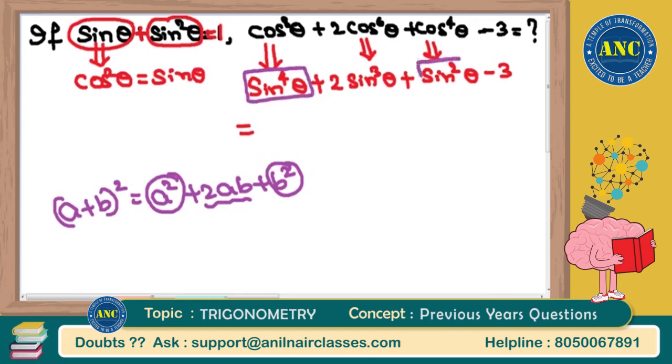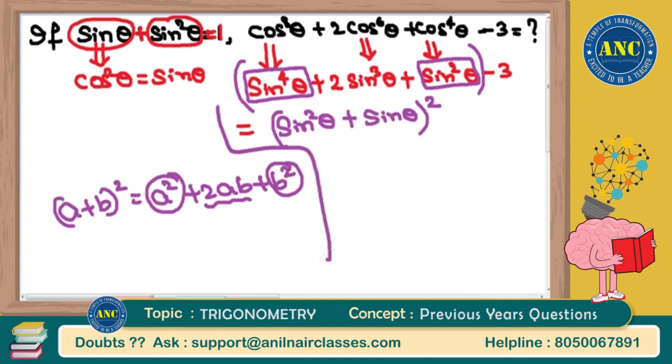Sin square theta is a perfect square. Forget about the other terms; I am grouping only these three. The first term is sin square theta whole square and the last term is sin theta whole square, so the three terms can be written as sin square theta plus sin theta, whole square.